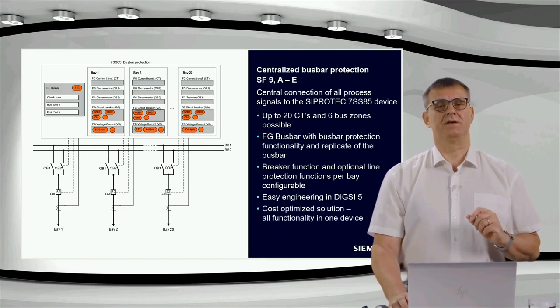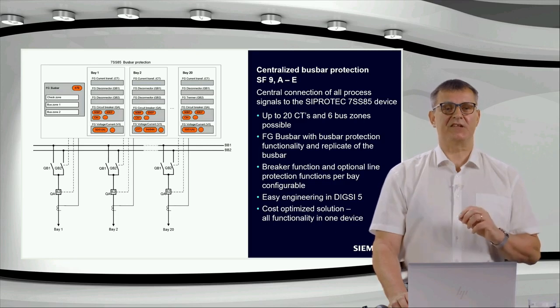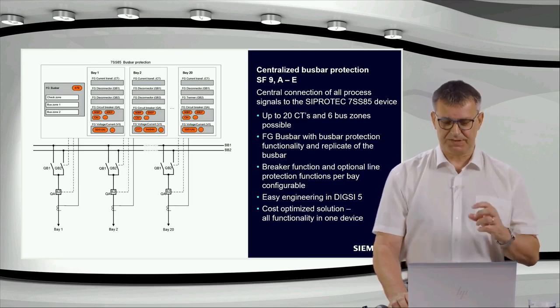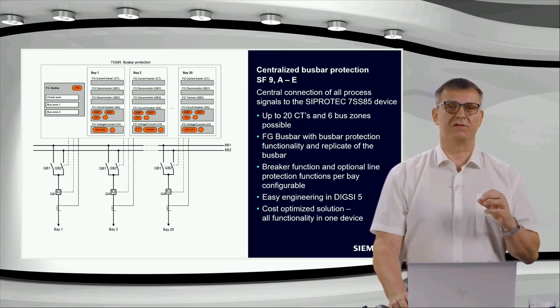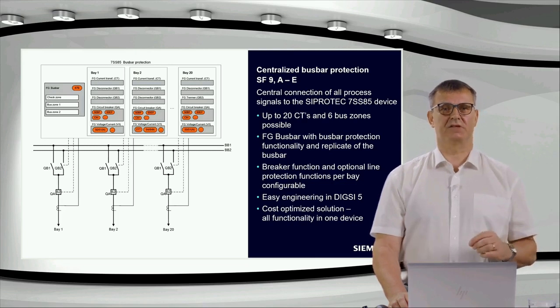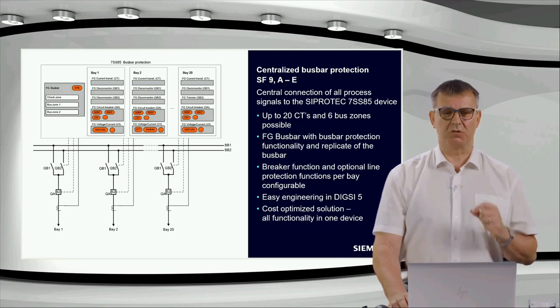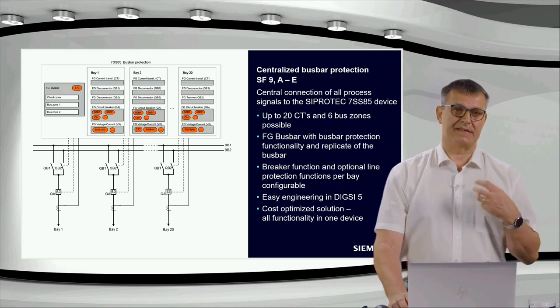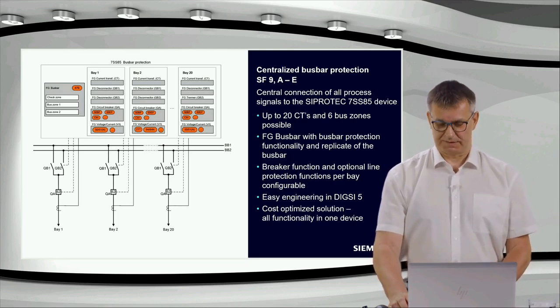As always, the centralized busbar protection is, if possible, because of the lower hardware effort and the lower number of devices, the most cost-optimized solution, as all functionality is in one device.